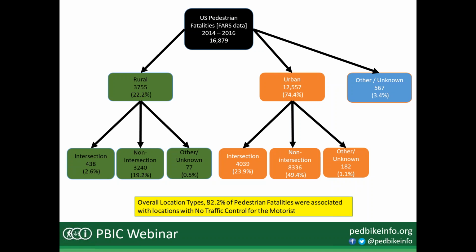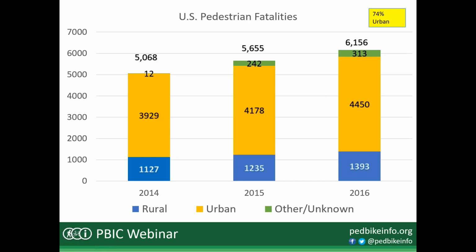And among those, the non-intersection locations represent the largest portion. So it's an urban problem, but often a problem that occurs at places where people don't expect pedestrians, at non-intersections. However, and again, this just illustrates the urban nature of the problem, with 74% of the total being urban.